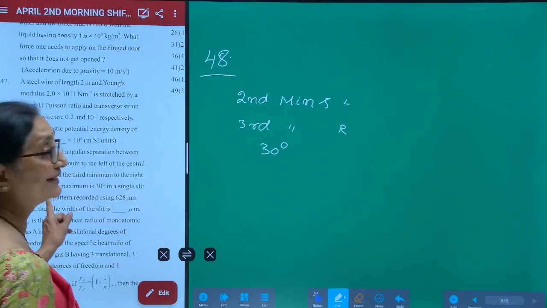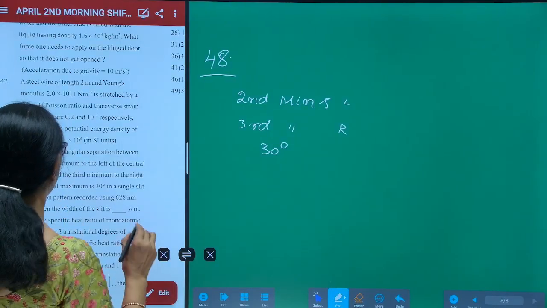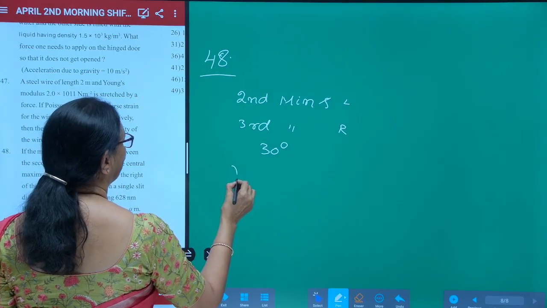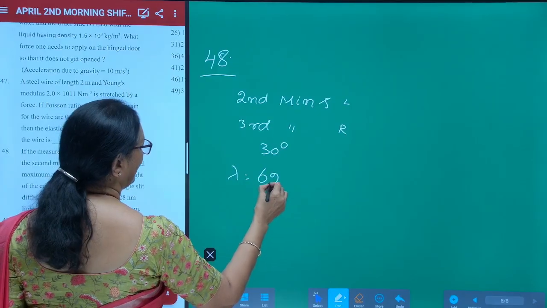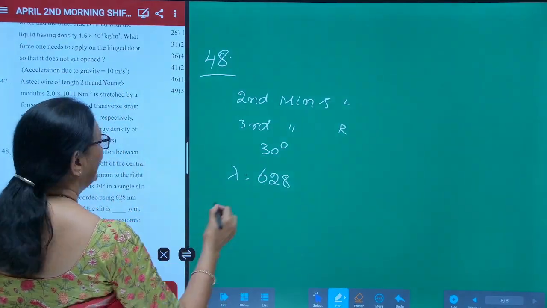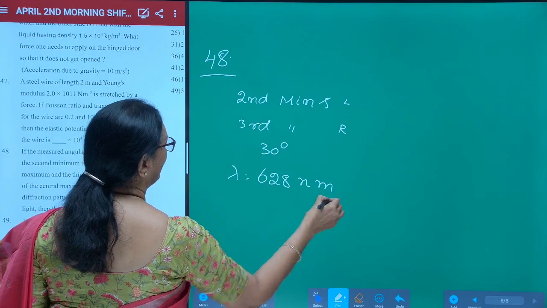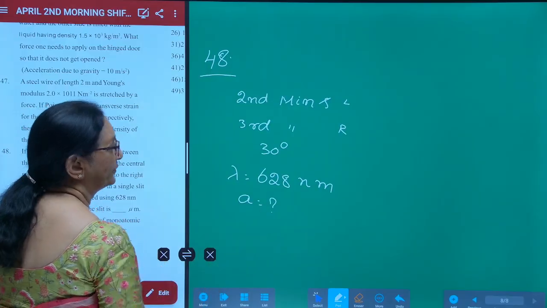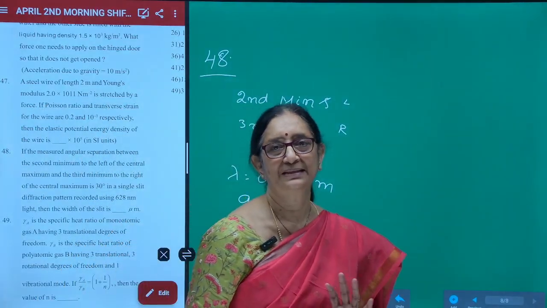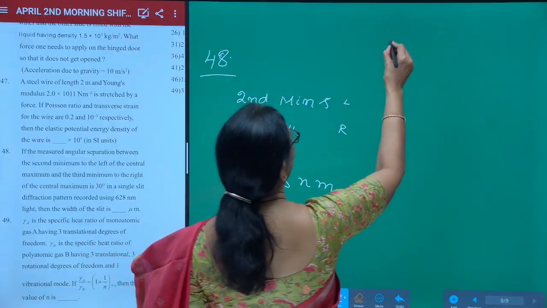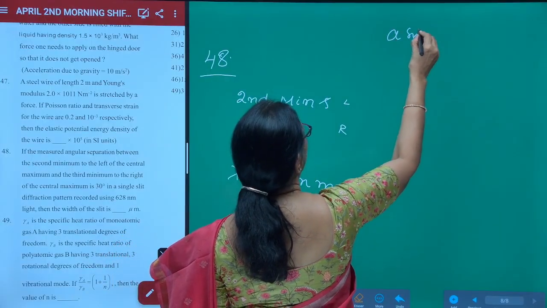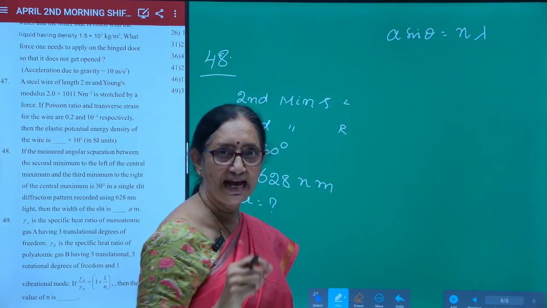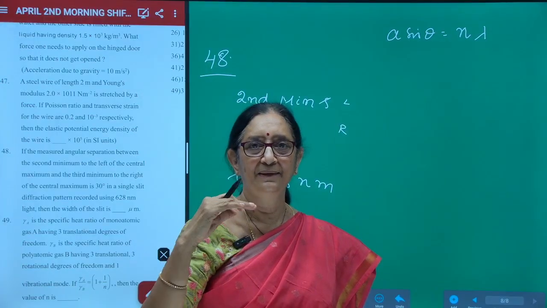In a single slit diffraction pattern using a source of wavelength 628 nanometers, find the width of the slit. That is the question. Actually, single slit diffraction means A sin theta is equal to n lambda for the nth dark fringe from the central fringe.